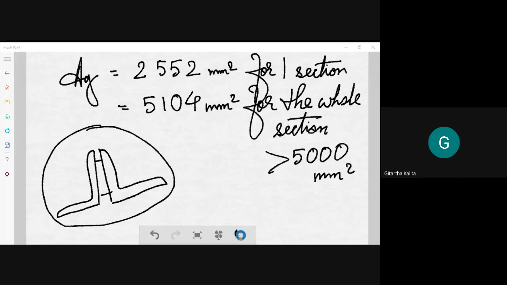So there is one table which is called properties of two angles back to back. When you go through this table, first you will see the equal angles back to back. Then you will get unequal angles back to back if you keep turning the pages.